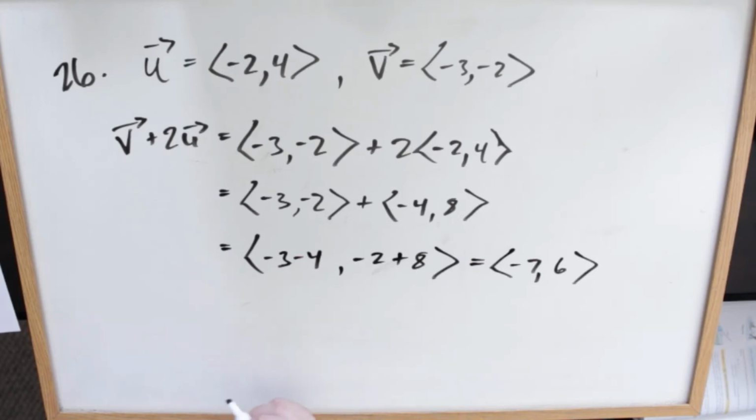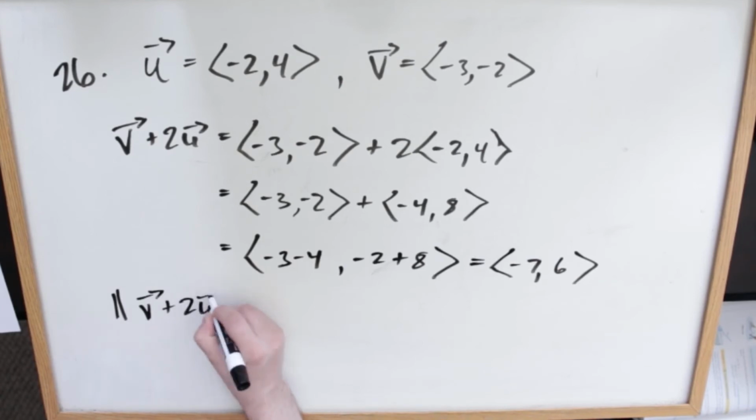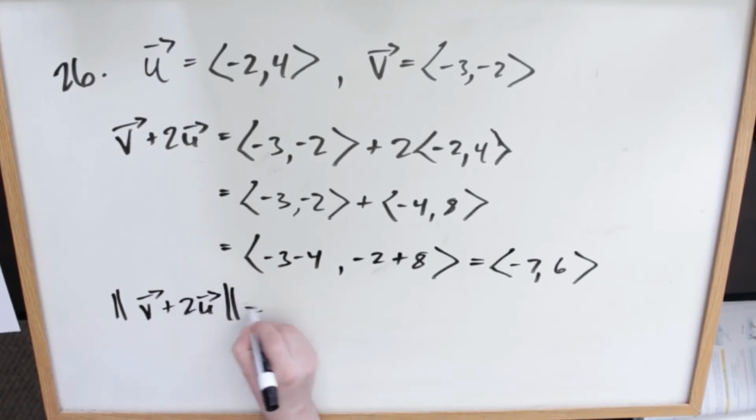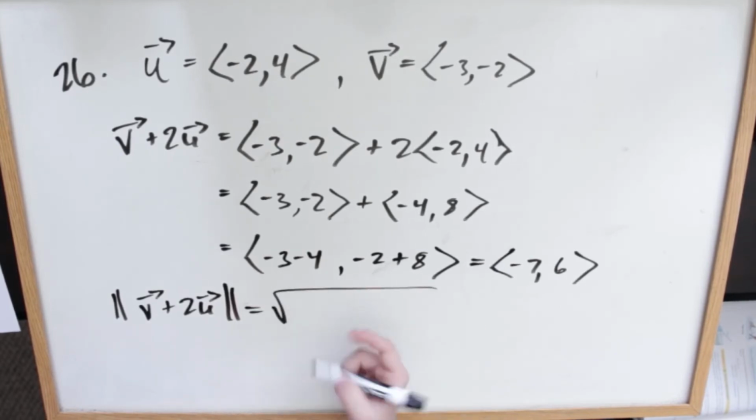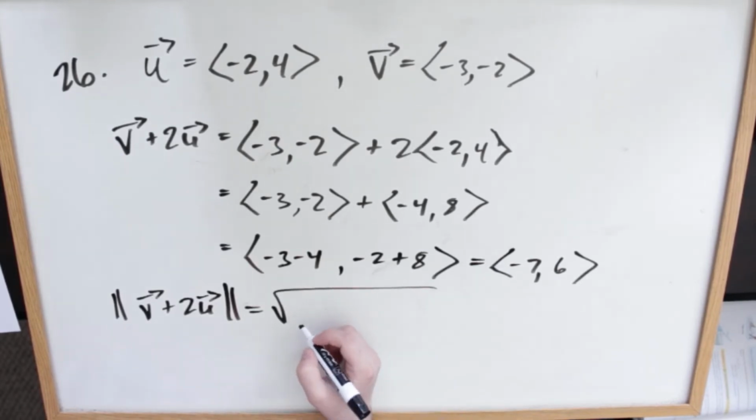So now what we have is we need to find the magnitude of v plus 2u, which is equal to the square root of the sum of those components squared.